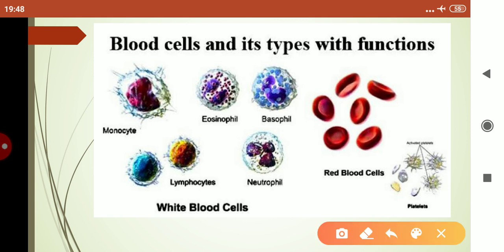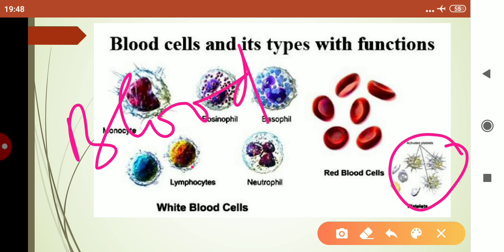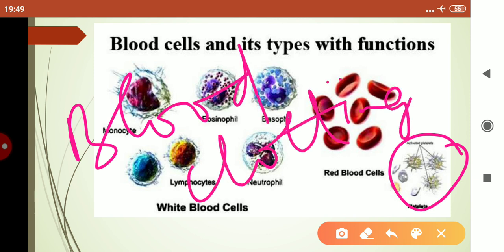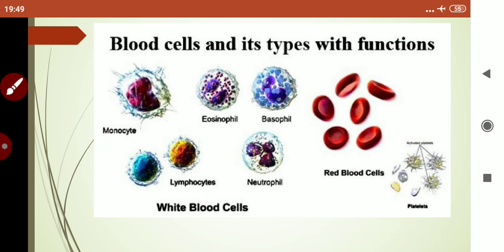Now the third type of blood cell is blood platelets. These platelets are involved in blood clotting. Blood clotting means suppose you get injured and bleeding occurs, then these platelets will migrate to that area and will form the clot there, so that bleeding can be stopped. Now children, this was about blood cells and their types with functions.